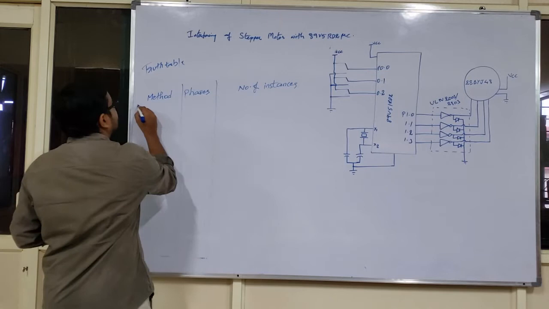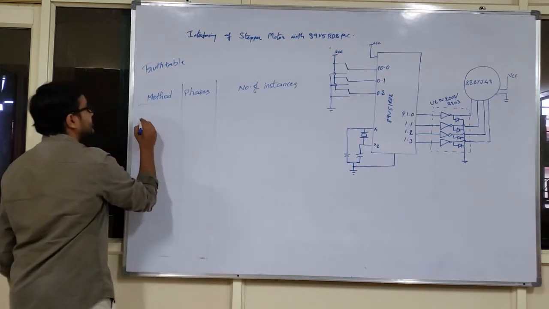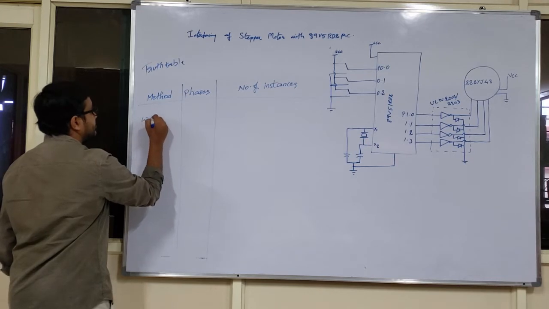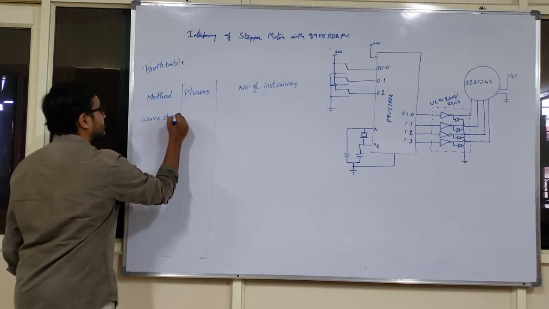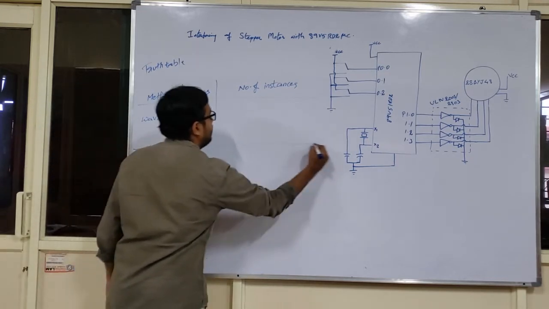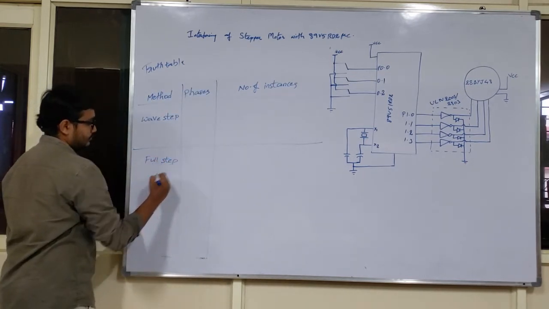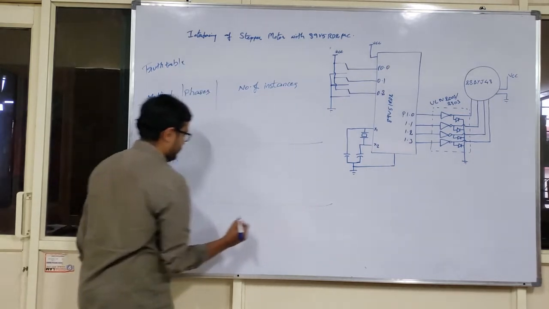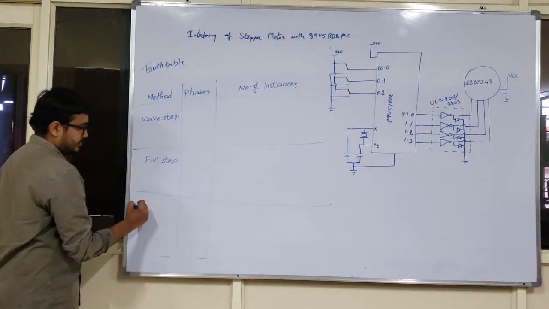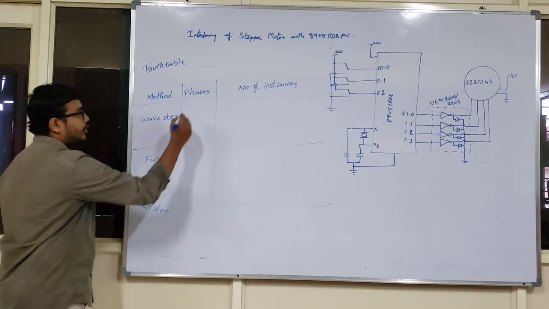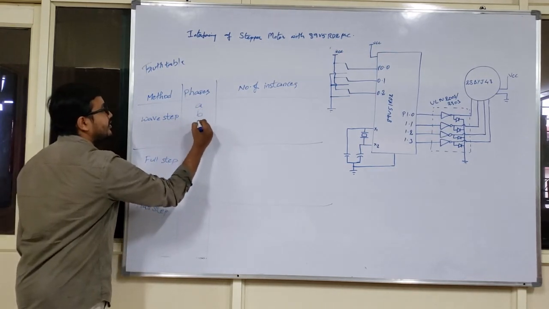So the first thing is the wave step excitation mode. Next is full step excitation mode. And the latter is half step excitation mode.